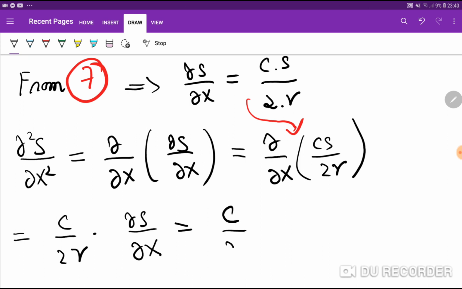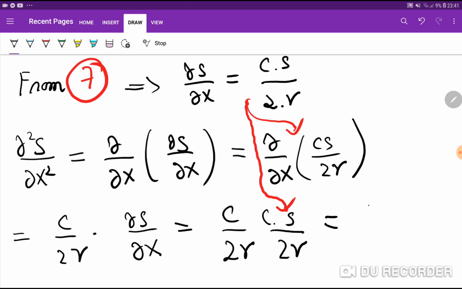You replace it one more time. That's the trick, y'all. It's also equal to this, c times s over 2 mu. And if you simplify it, it's c squared s over 4 mu squared. Okay? Wonderful.